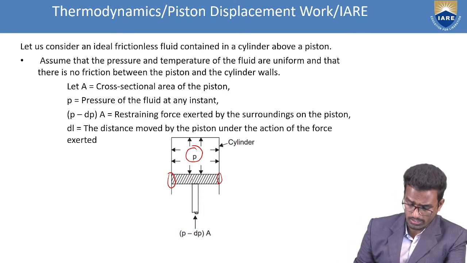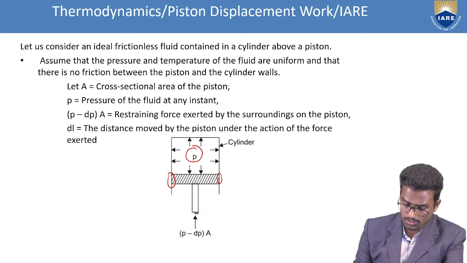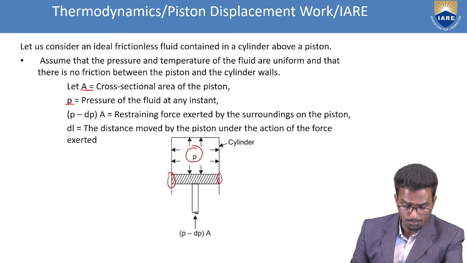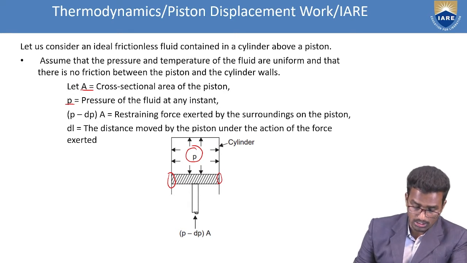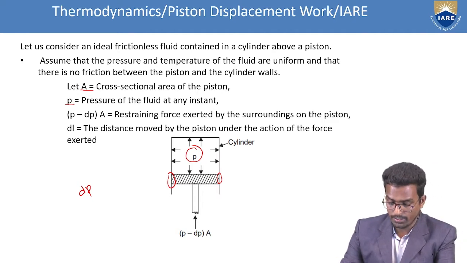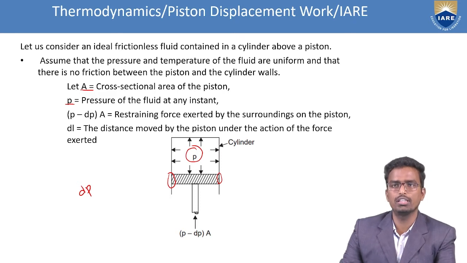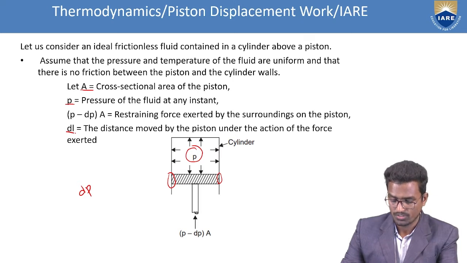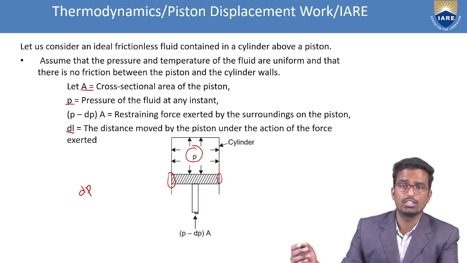The cross section area of the piston is A, and the pressure inside is P. Then (P minus dP) into A is equal to the resisting force exerted by the surroundings on the piston, where dP is the change in pressure, and dl is the distance moved by the piston under the action of the force exerted on it.